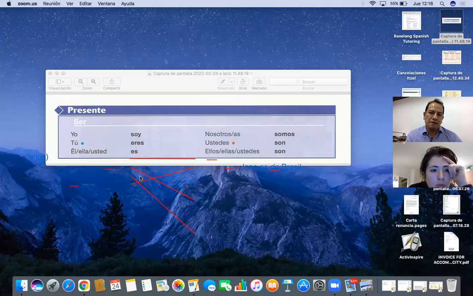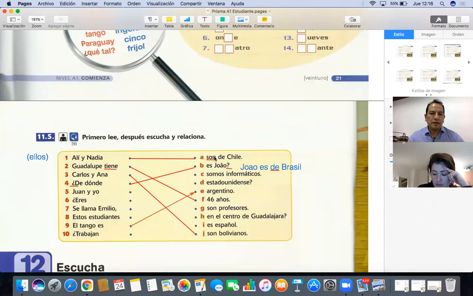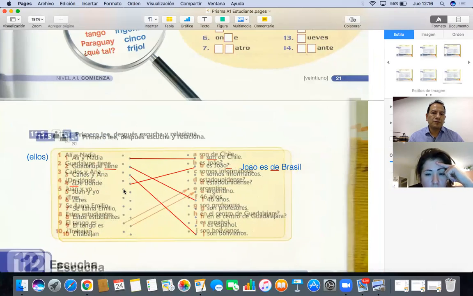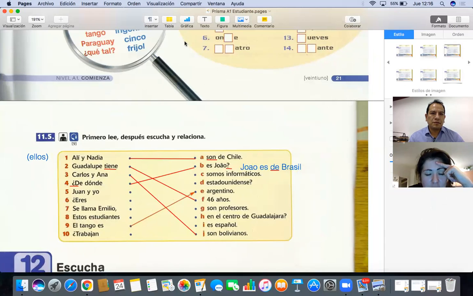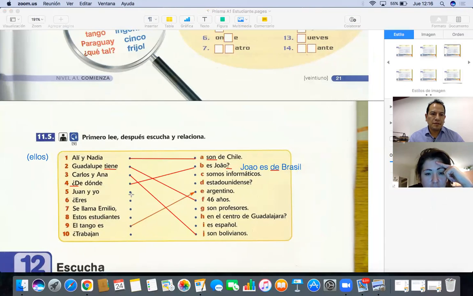That's we, right? So it'd be nosotros, somos. Exactly. So Juan y yo, and then where is somos? ¿Qué letra? Which letter? Sí, correcto. Somos. Juan y yo somos informáticos. That is the we are.